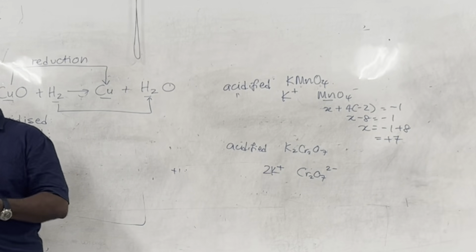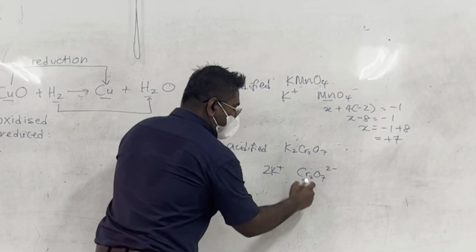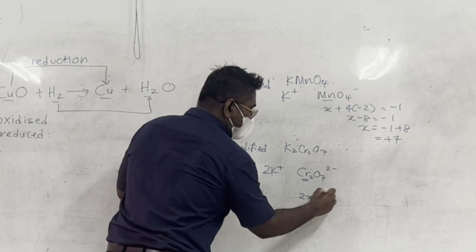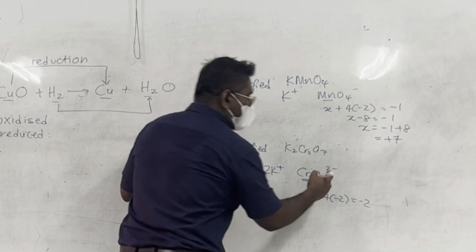Separate them, and then to find this, just put 2 times X plus 7 times -2 equals to overall -2. And then you find what is X. So 2X minus 14 equals -2, so 2X equals 12, X equals +6. So Cr is going to be +6.